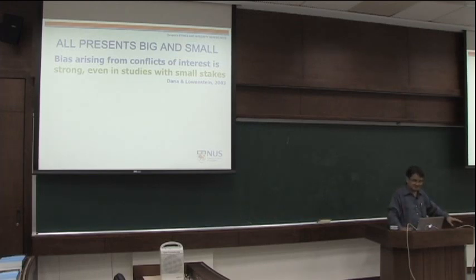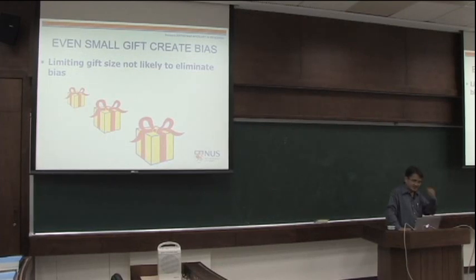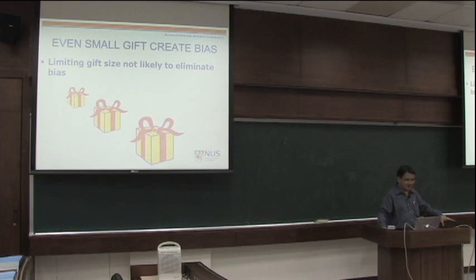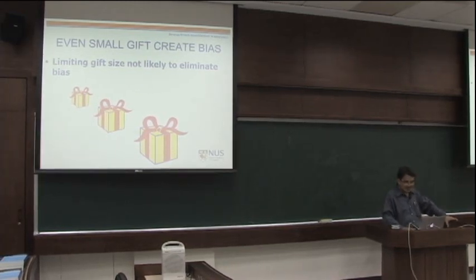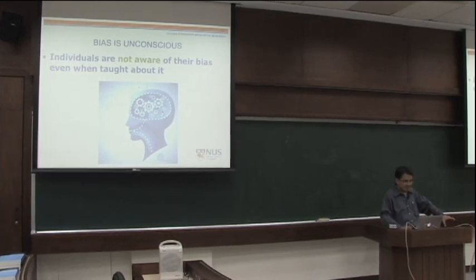But that is a mistake according to these researchers. They say bias arising from conflicts is strong even in studies with very small stakes. Limiting the size of a gift that you receive from a pharmaceutical company is not likely to eliminate a bias. And individuals are not aware of their bias even when they are taught about it.